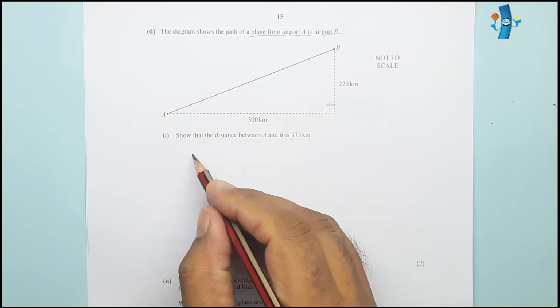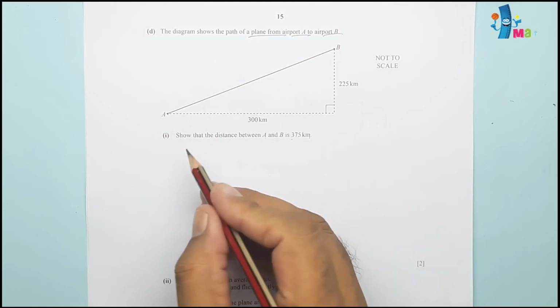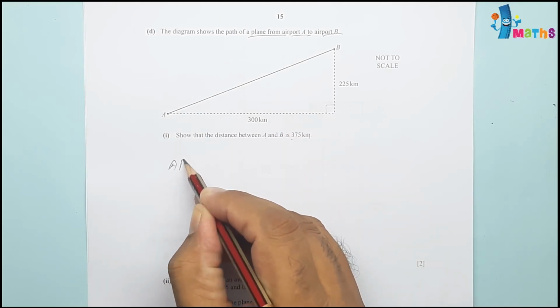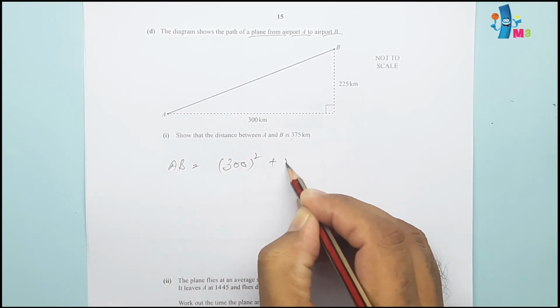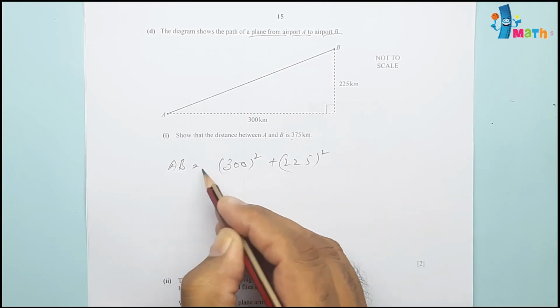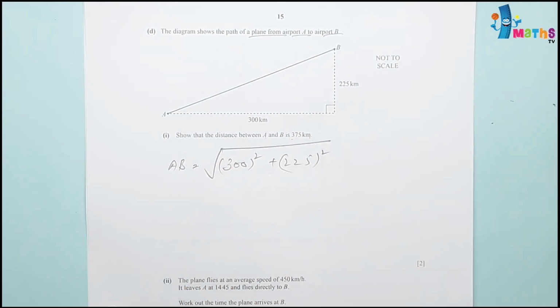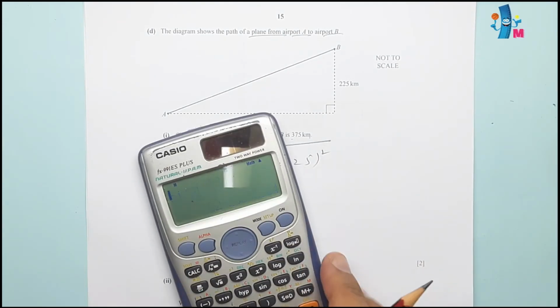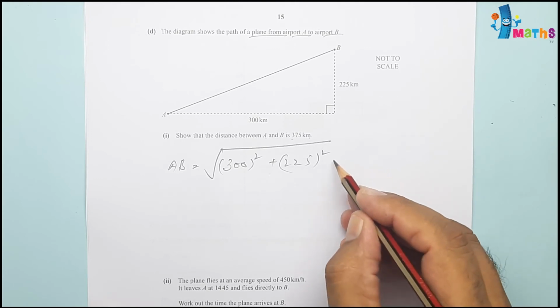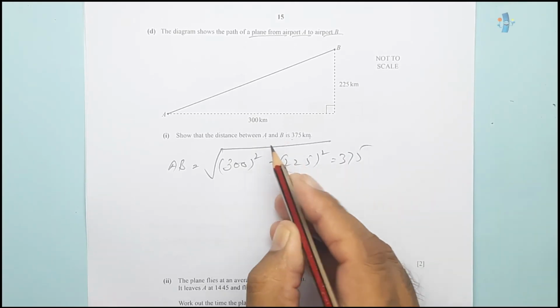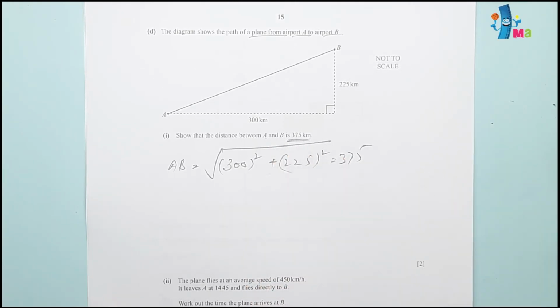Base squared plus height squared, under root, will be AB. So AB will be equal to the root of 300 squared plus 225 squared, which will be equal to 375. So 375, which we had to show, we have done.